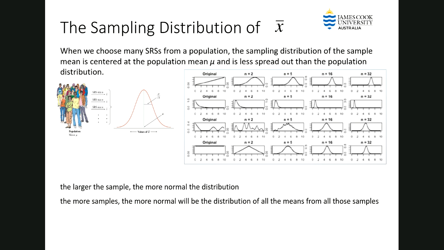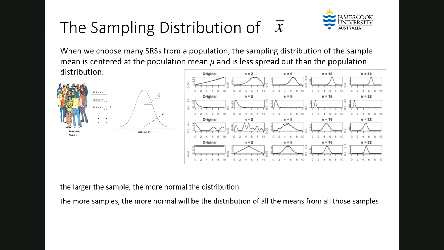So I repeat again, this is the concept of the central limit theorem: if you choose many iterations of simple random samples from a population, the distribution of the means of the samples, if you plot that and the sample size is large enough, falls in a standard normal curve.